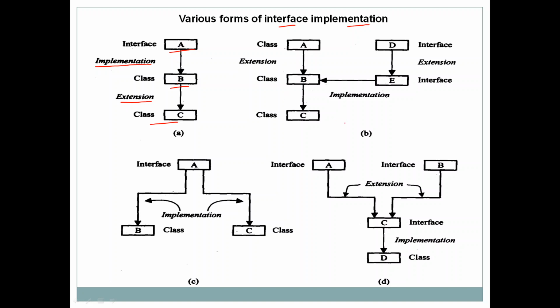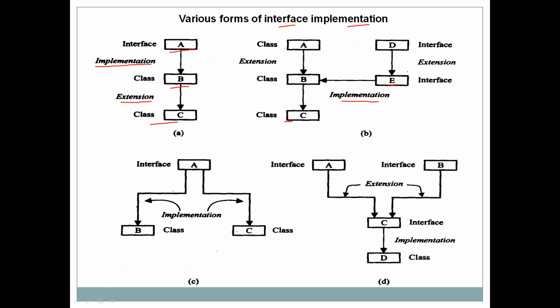We have another form, where we have classes C and B, and interfaces A, E and D. Class C inherits from B, which is called extension. B also inherits from an interface E, and that is called implementation.